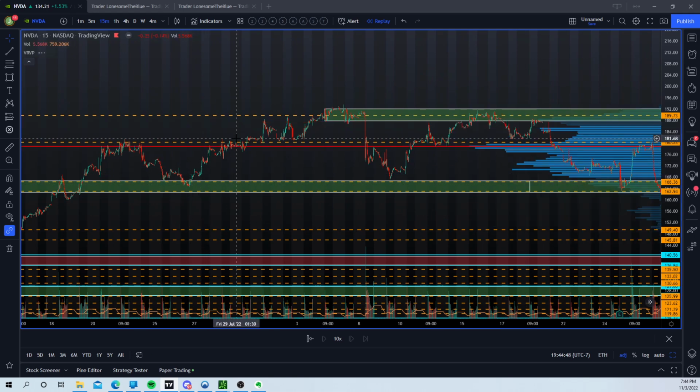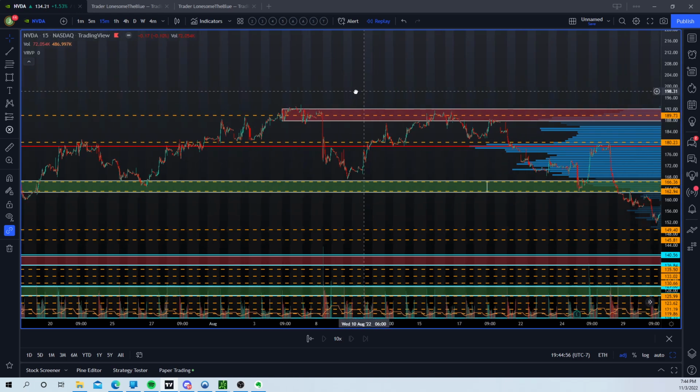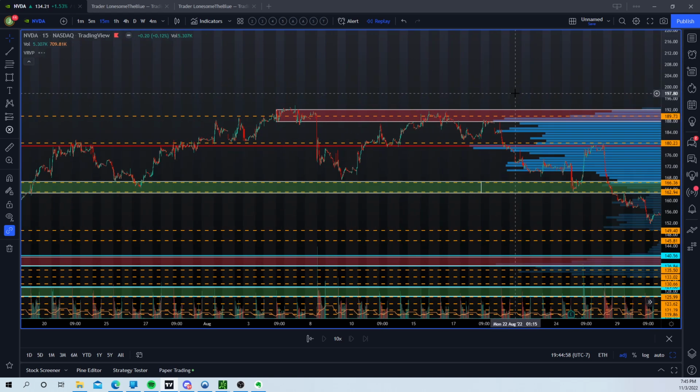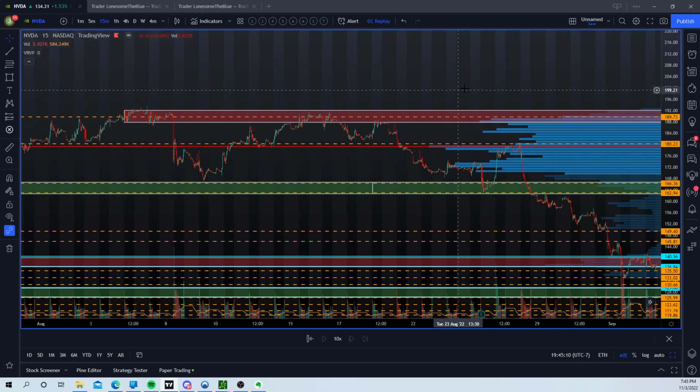Bounces off, goes straight to the next level. Drops down, rejects. This was our supply. Smooth levels, smooth action. And just by waiting with a couple of contracts, 3 or 4 contracts, you hold them and it hits your target. 300% move, 400% move, and you risk less and have a nice move during the day.